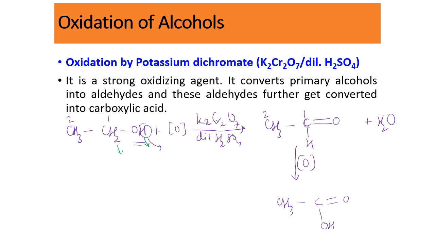Okay, so this is how the oxidation reaction is completed when we are using potassium dichromate as an oxidizing agent for primary alcohols. So a primary alcohol will give you an aldehyde, and aldehyde may undergo further oxidation to give you acid, COOH group.